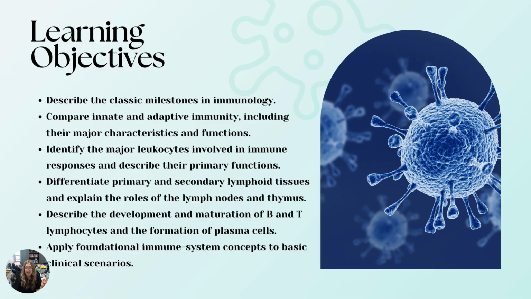So, when you're studying, I don't want you to just ask yourself, can I define what a neutrophil is? I want you to ask yourself, if neutrophils are elevated in the patient, what does that tell me about what's happening? That's the level that we're really building toward.